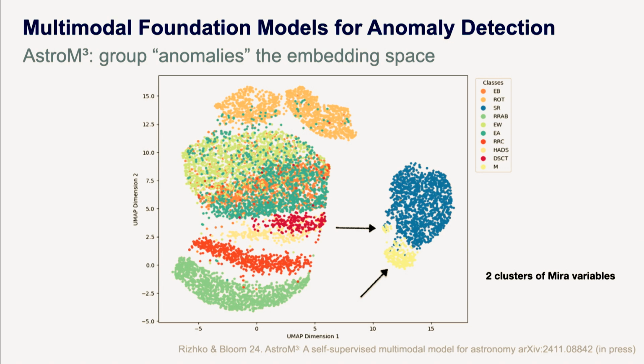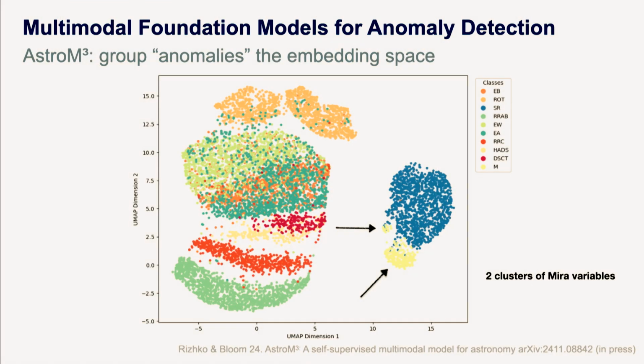And what's kind of exciting here is not only are we getting that kind of clustering very naturally, so we're effectively learning in the representation space that there are these different clusters, but we have found, somewhat surprisingly to us, there were two different clusters just in this two-dimensional space of Mira variables, even though in the original training data, these were only labeled as just Miras.